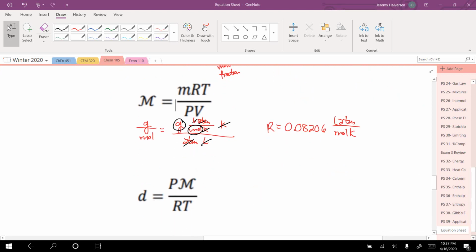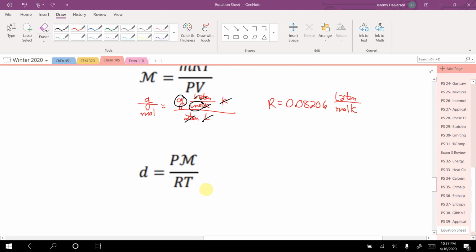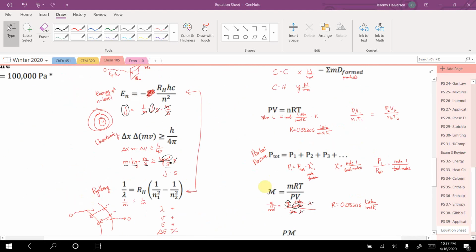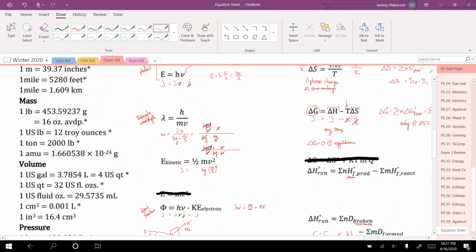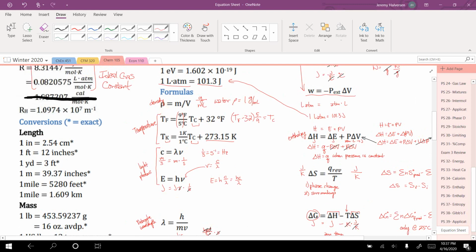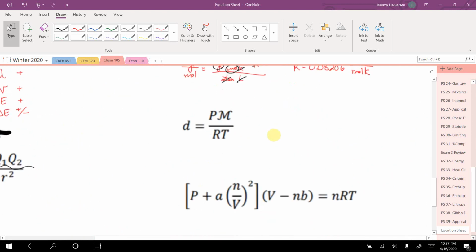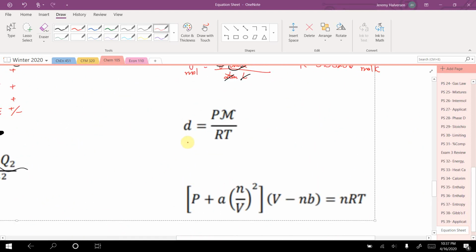Here's another adaptation of the ideal gas law, which is to solve for density. So I know that over here we said density is a little fancy P. Well, we're just inconsistent, and down here it's a D. So here the density, which is going to be grams per liter, is going to equal my pressure, in atmospheres, times my molar mass, which is grams per mole, over R, same R, liter atmospheres per mole Kelvin, times temperature, which is Kelvin.